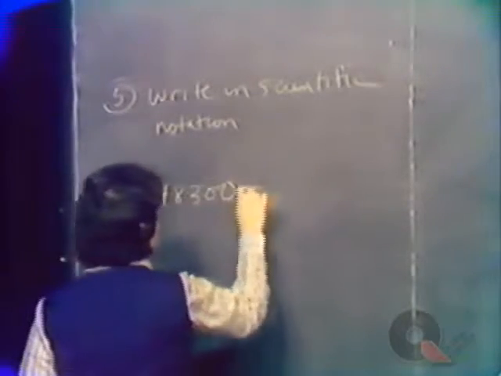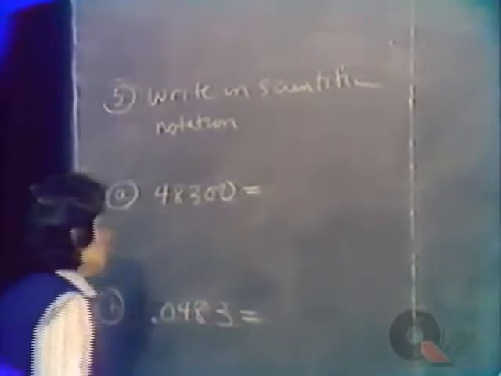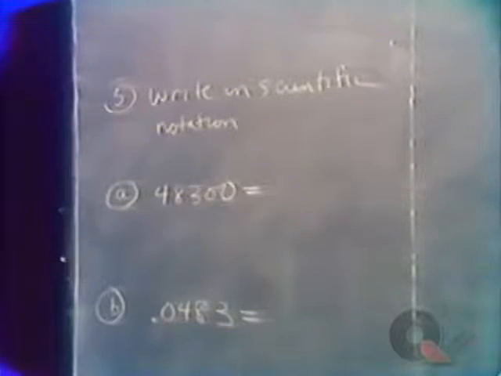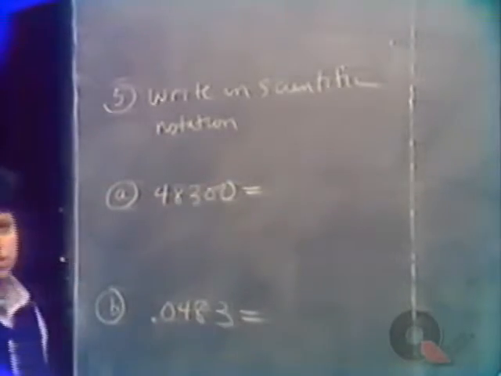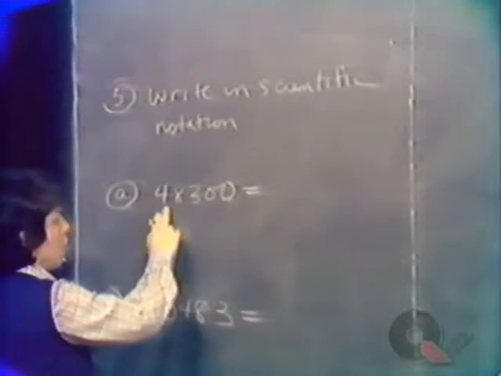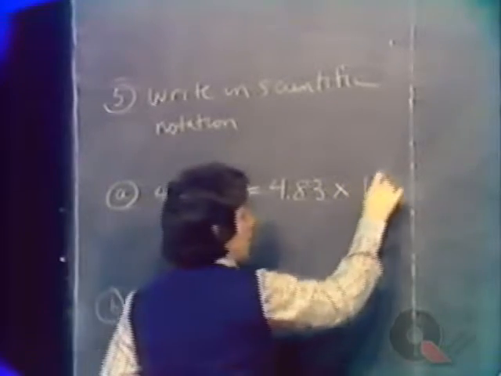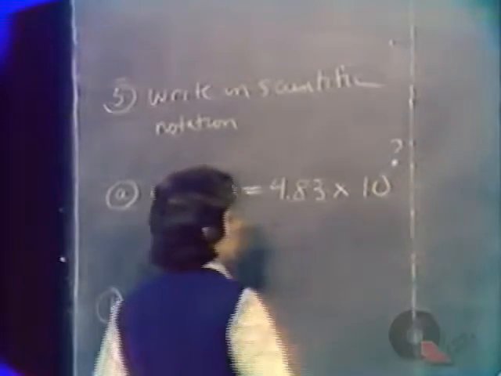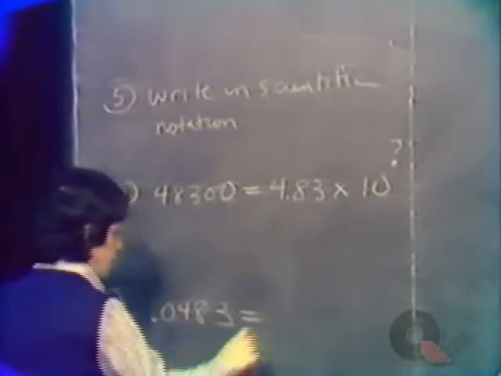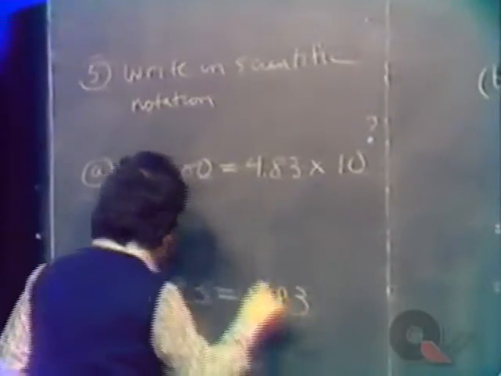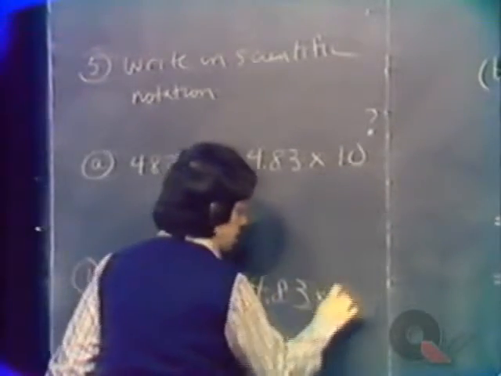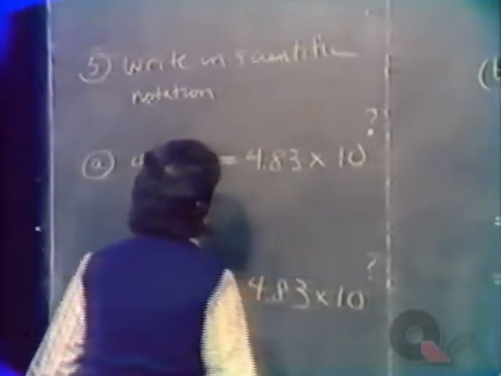Now what I'm interested in doing here is writing it as a number between 1 and 10 times the power of 10. And in both cases, the number between 1 and 10 is going to be the same. This is going to be 4.83 times 10 to some power. And also, this will be 4.83 times 10 to some power.